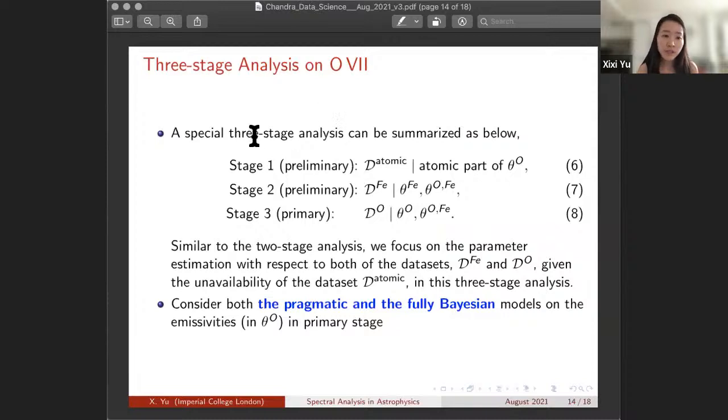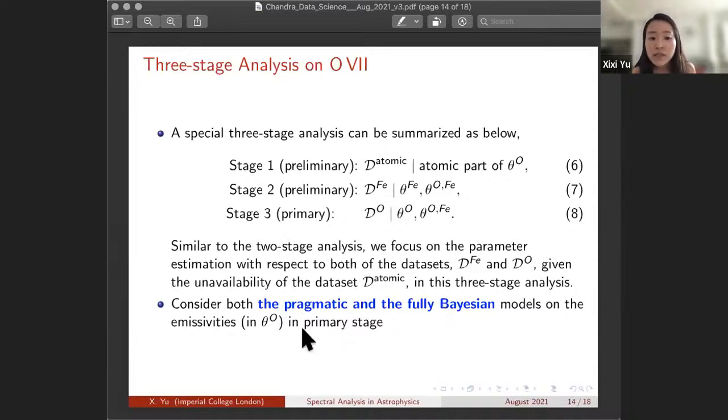In the oxygen analysis, it's a little bit more complicated. It has 3 stages. Besides the preliminary stage on atomic data, we also use the posterior distribution from the iron 17 spectral analysis as the prior for the oxygen analysis.